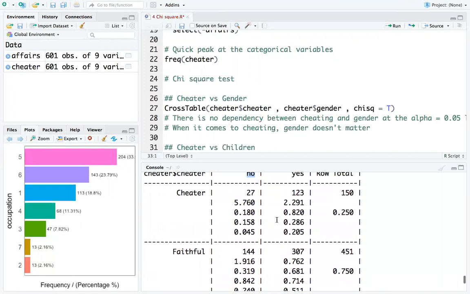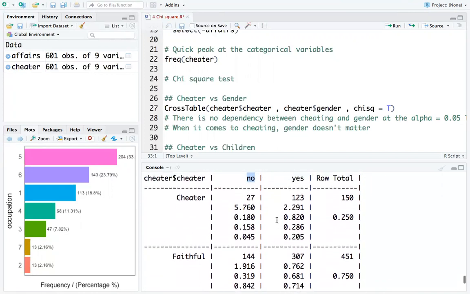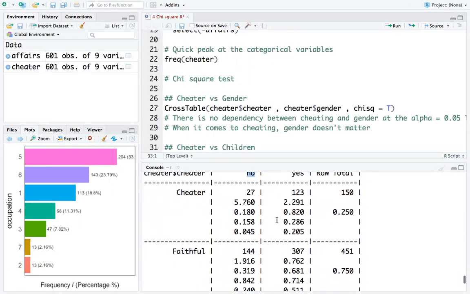But anyway, the way odds ratios are calculated are this times this divided by this times this. Okay?